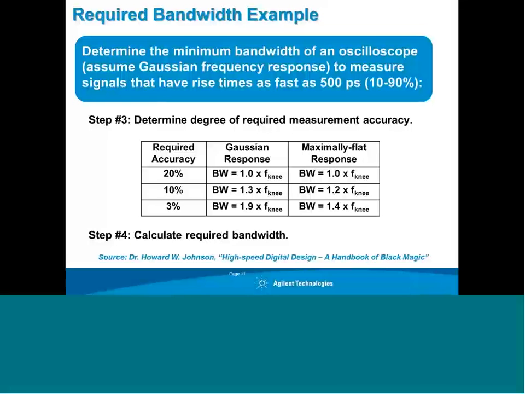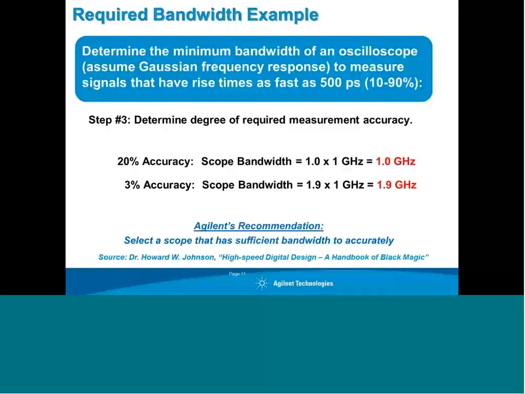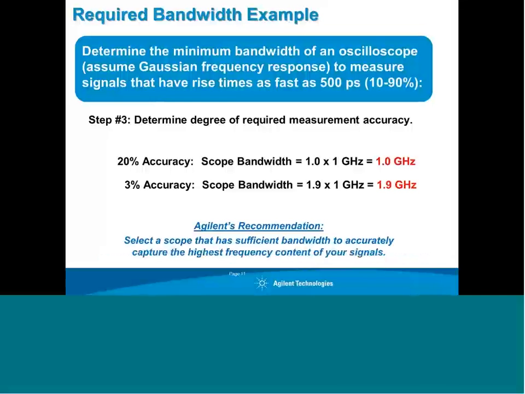So let's take a look at an example. Let's say we want to determine the minimum bandwidth of the scope, and let's assume a Gaussian frequency response, so it's got this slower roll-off, to measure signals that have rise times as fast as 500 picoseconds based on a 10 to 90% criteria.